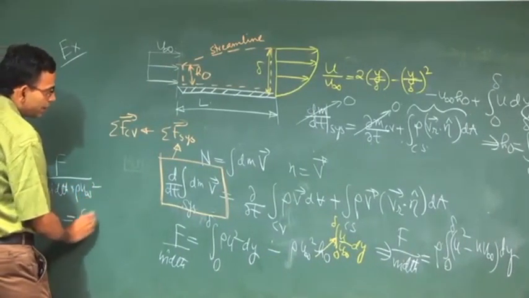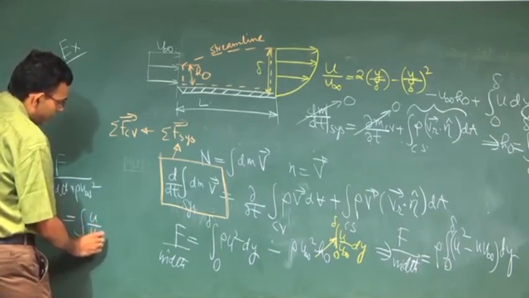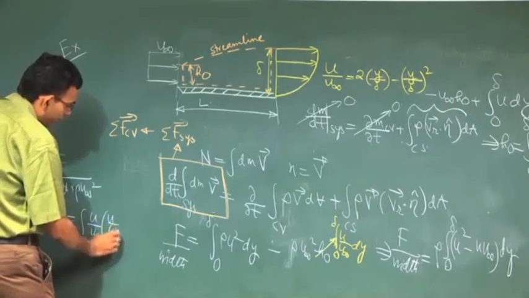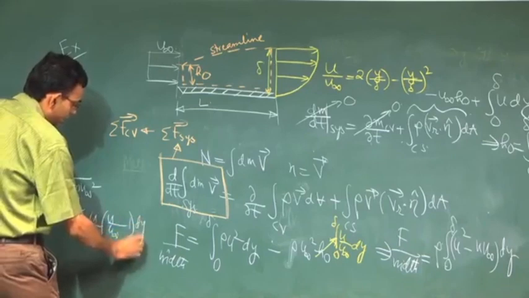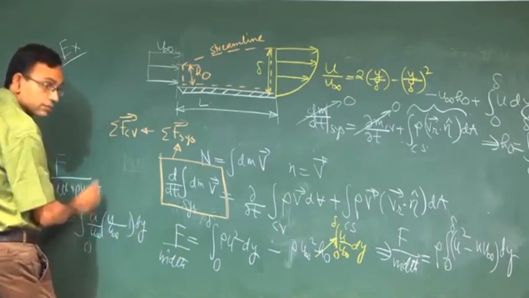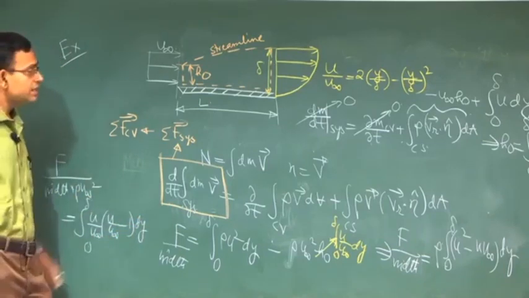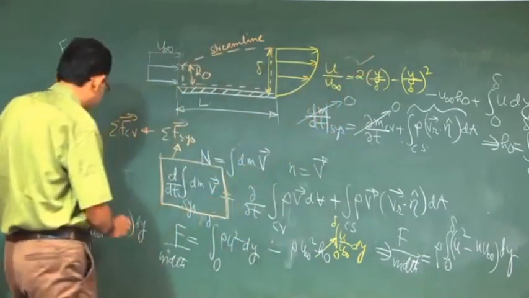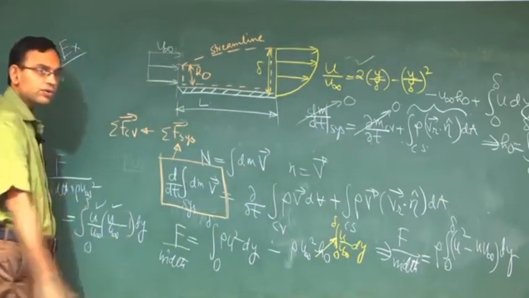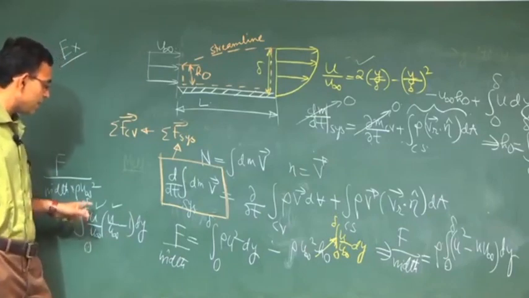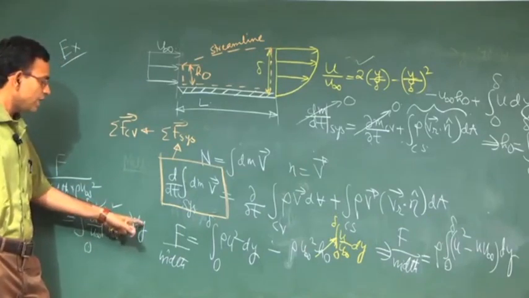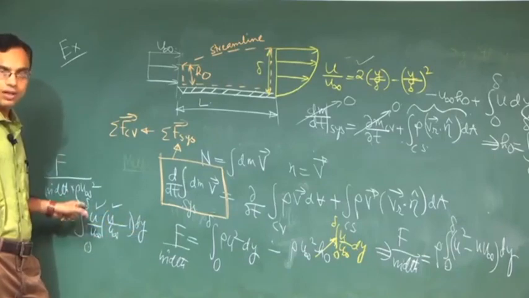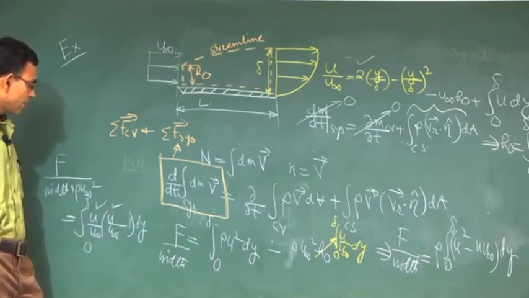So it will be integral u by u infinity into u by u infinity minus 1 dy, and this u by u infinity as a function of y by delta is given, you can substitute. If you change y to y by delta, the limit becomes 0 to 1, and then you can integrate this very easily.